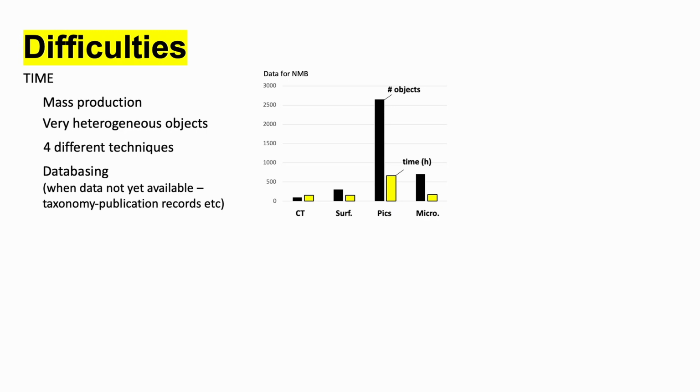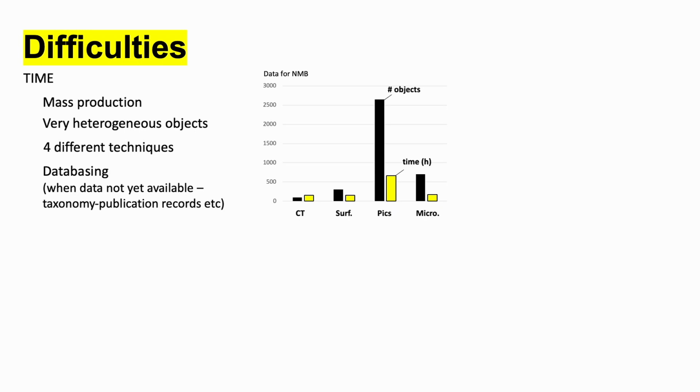This is some sort of mass image production: 10,000 specimens in a lot of different institutions. The objects are very heterogeneous, from 1 millimeter to several tens of centimeters. There are different techniques: CT scans, surface scans, classical pictures, or microscope photography.